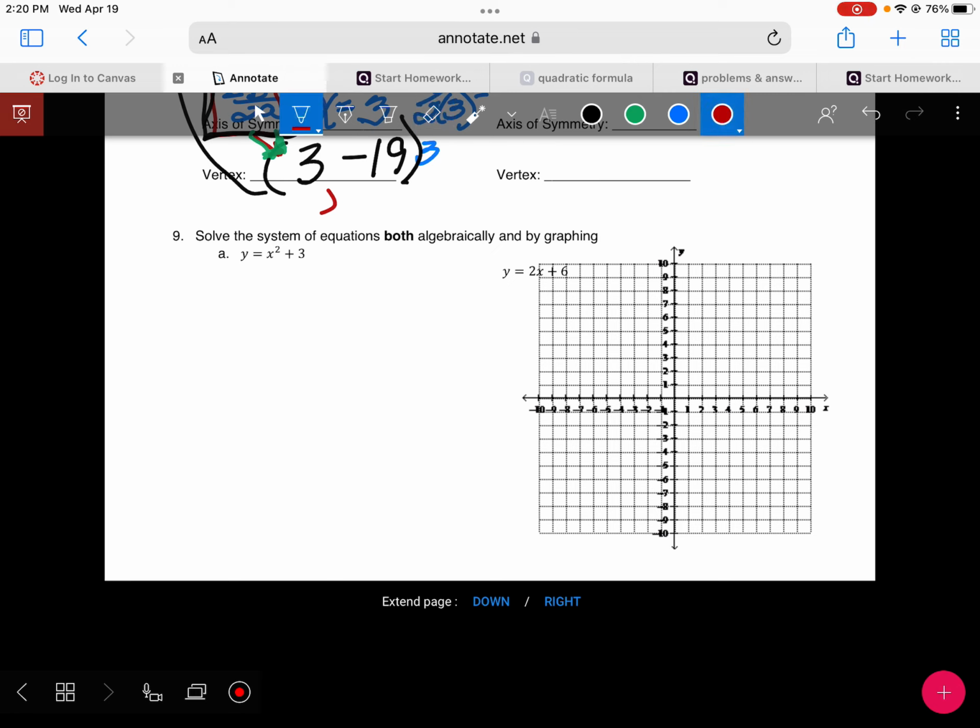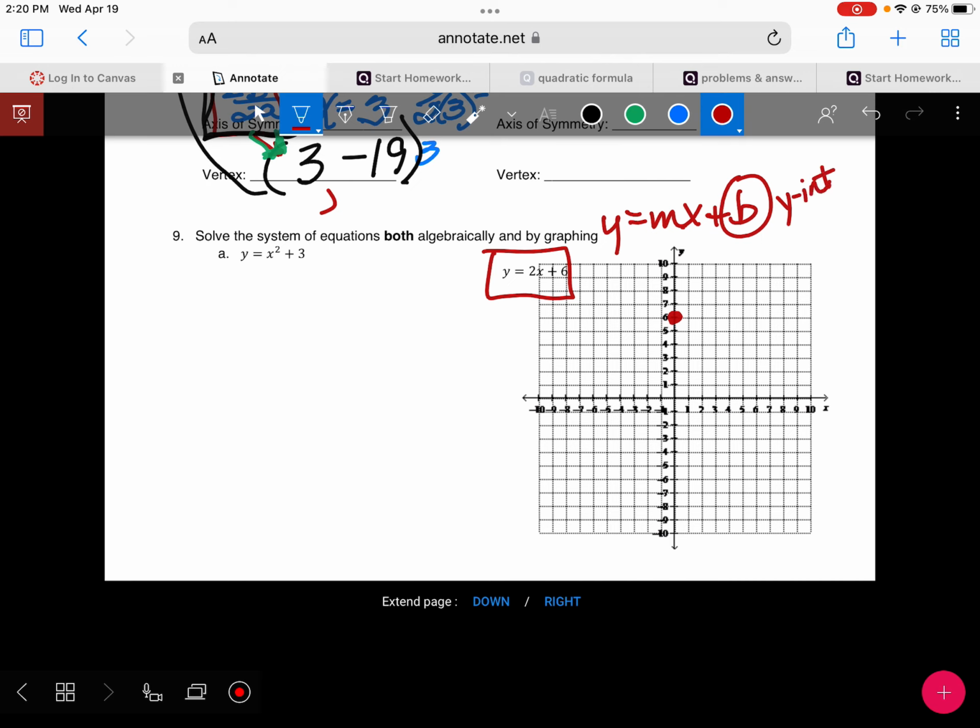I would do the linear one first, right? This is y equals mx plus b. So what can I determine right away? What is b? I know our time's running short too. 6, that's my y-intercept.